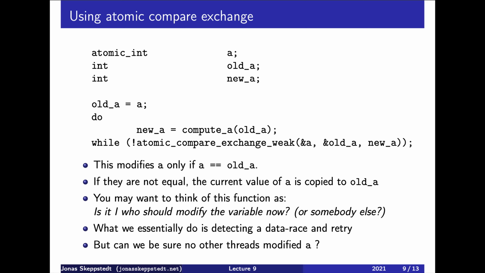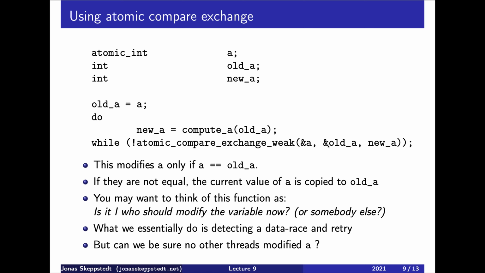But if it can be incremented by one thread and then decremented by another thread, and then it's our turn to check if A is still equal to old A, we can have misunderstood the situation, because what we want when we do this is to check that A has not been modified in between, but A may have been incremented and decremented and now get the same value.